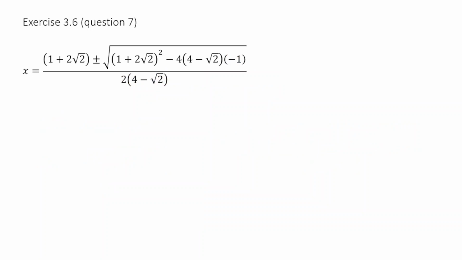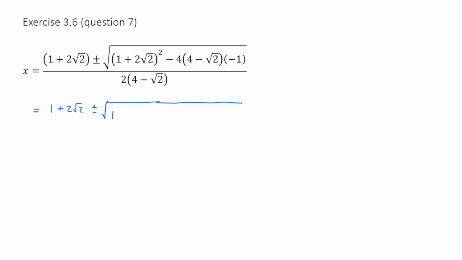So you see here I've rewritten the expression out simply. Let's try to simplify this a bit more. On the top, I'm still going to have 1 plus 2 root 2 plus or minus, well, now I've got to square that whole expression, 1 plus 2 root 2. How do I square that?